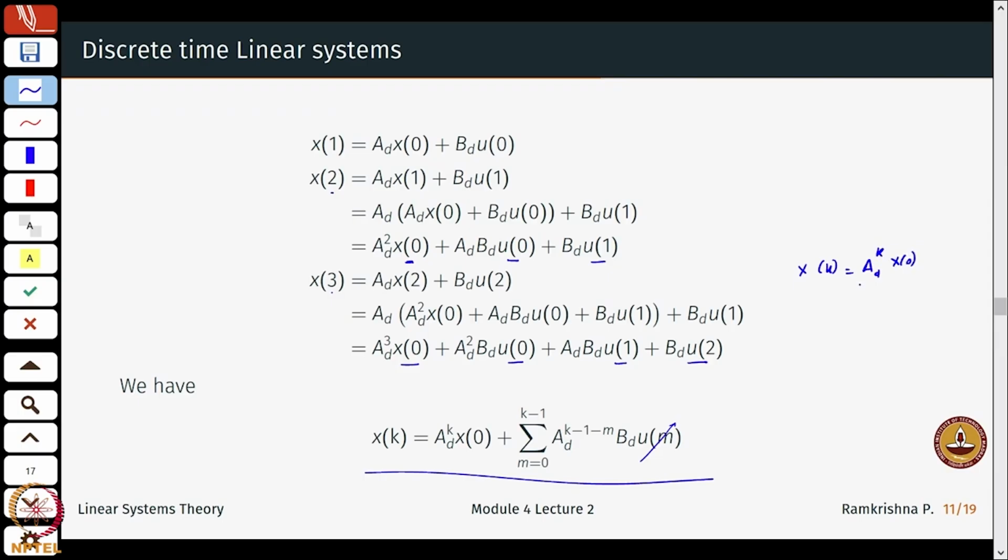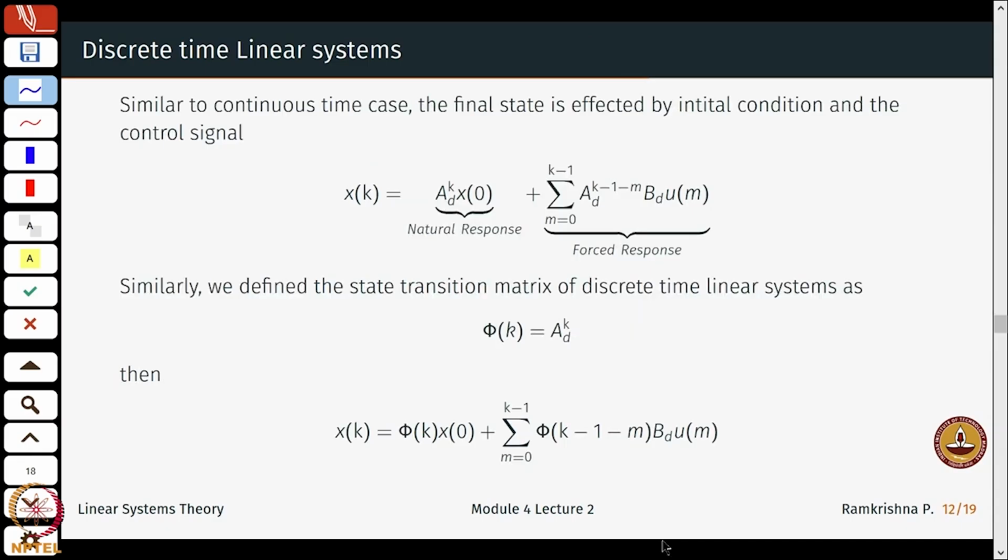And this A power k will now be my state transition matrix for the discrete time case. Okay, and then I can write it in a general way in this form. Again, the state transition matrix tells me, given a certain initial condition, what my state will be at some arbitrary time k equal to 5 or 6 or whatever.